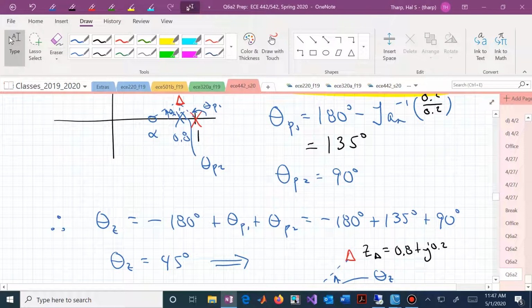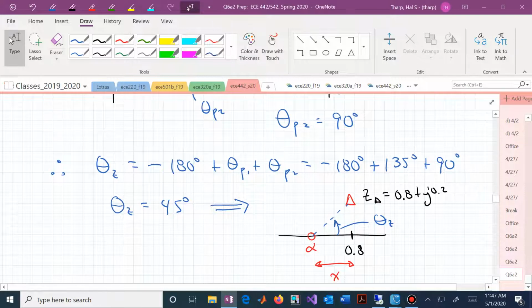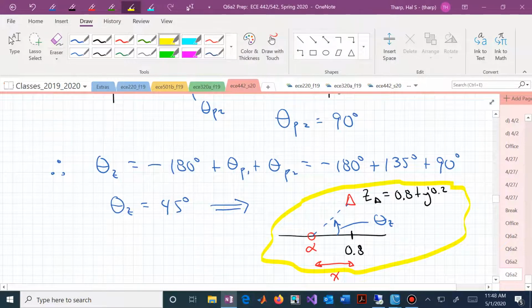We now need to find alpha such that the angle is theta sub z, and here's another sketch of that. Here is an isolated picture of what we're trying to do. We could get out our grid paper and say, from this triangle I need an angle of 45 degrees looking up from the real axis. Well, then we have a vertical distance of 0.2.